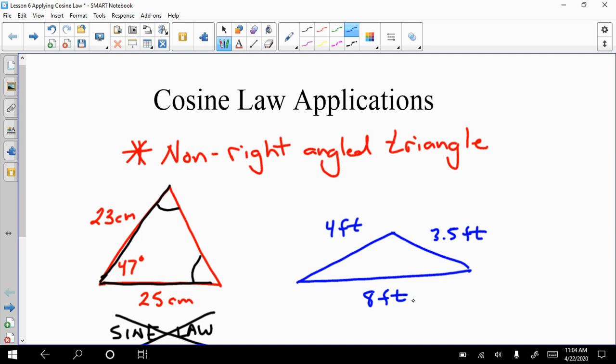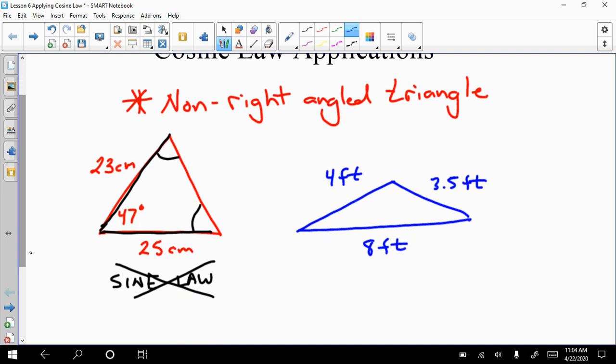And again, we don't know any of the angles. Because of that, we'd have to use cosine law. Sine law will not work in that scenario. So in these two types of triangles, where either you're given two sides and the angle between them, or three sides, you have to use cosine law.